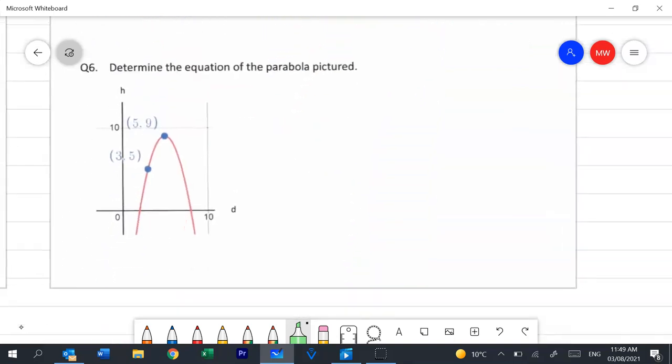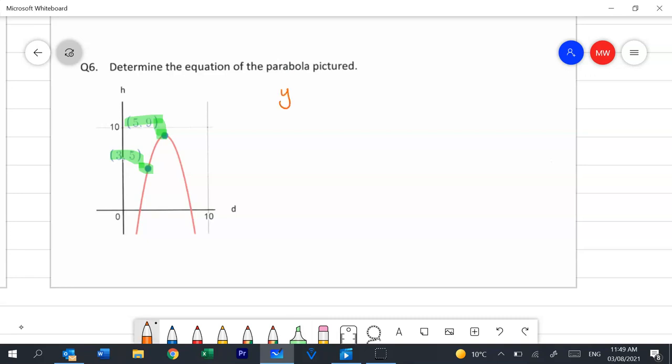And finally, we're on to question 6. In this one, we have got a turning point here and a random point on the line here. Not very much information. Because we've got the turning point, and we don't have any x-intercepts, we'll use the turning point form.